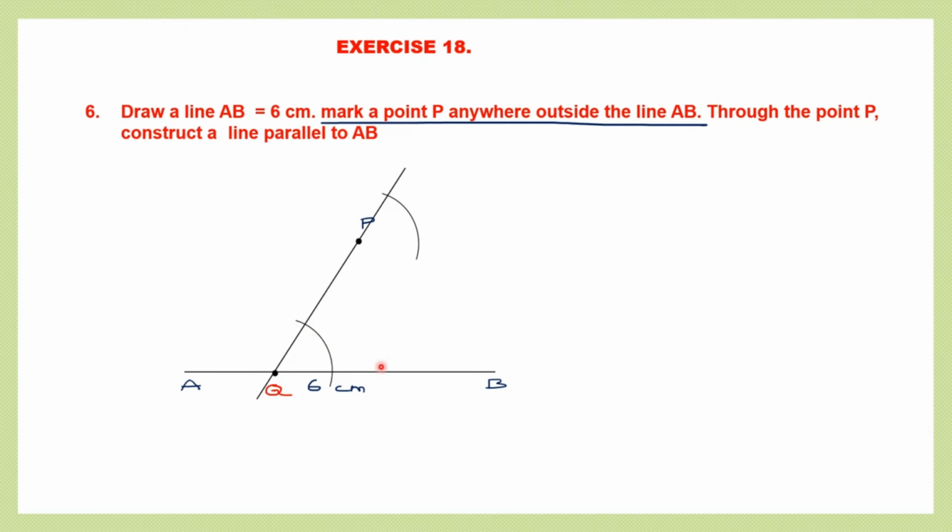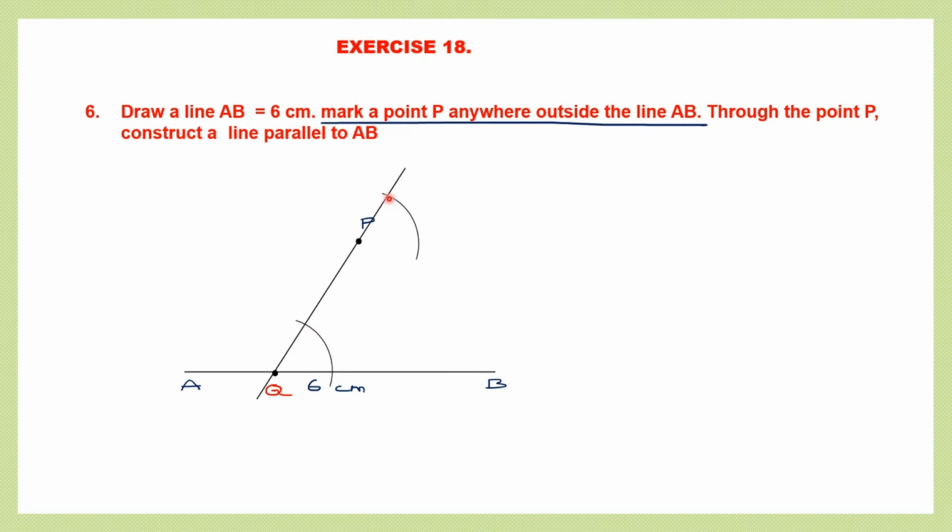Now what I'm going to do is I'm going to take my compass and adjust the legs of the compass in such a way that this distance is created. Take your compass, adjust the two legs of the compass in such a way that only this distance is created, and I'm going to take that same measurement.